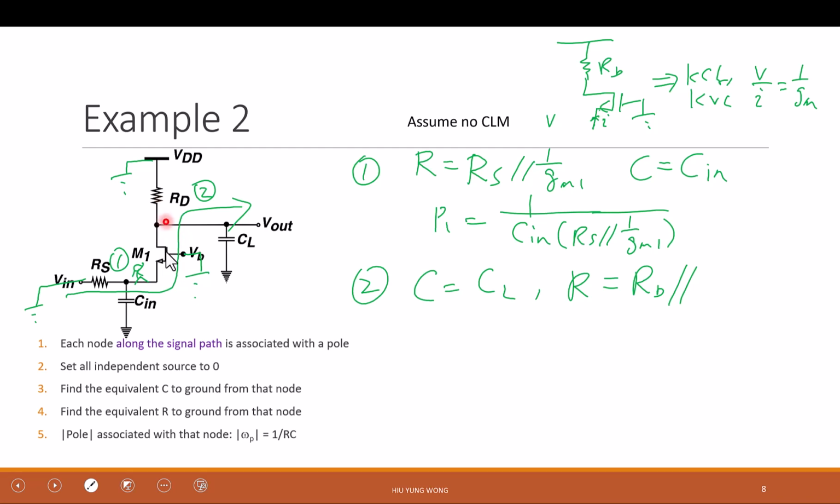No, look down from here. We are looking into the drain. So now you need to step back. What type of amplifier have you seen before? When you look into the drain, the source is connected through a resistor to the ground. What type of amplifier is that? Source with degeneration. And what is the impedance when you look into the output port?